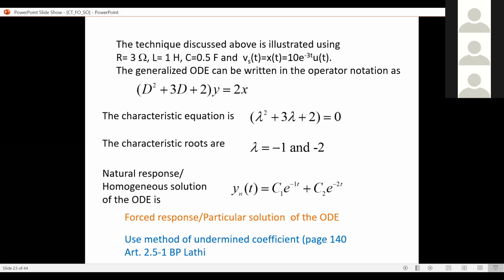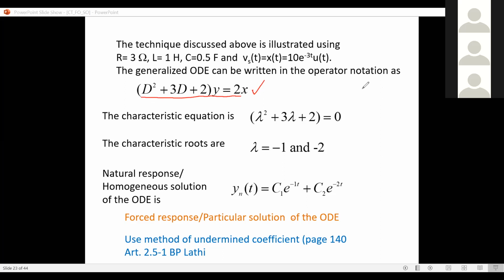Yes, sir. Now, if we put this into the general equation that we derived in the first slide of second order system, we can readily obtain this equation. What form of equation is this? I have given the operator D because in many of your cases in mathematics, you replace your differential operator by D, isn't it?